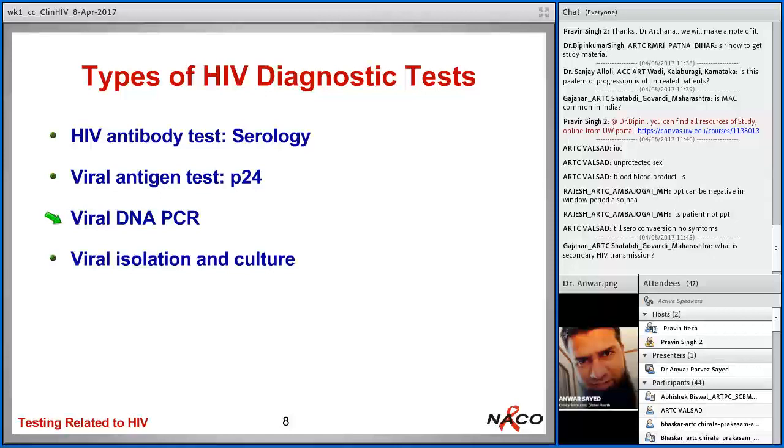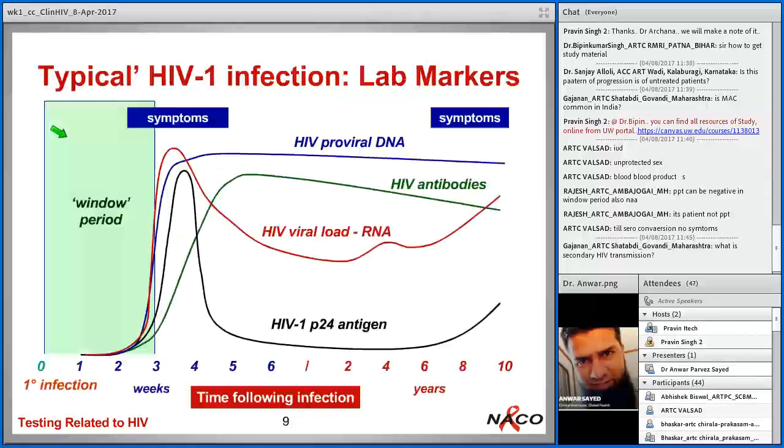Viral DNA testing is expensive, and DNA PCR is done in the program but reserved for specific situations like pediatric HIV and others. Then the viral antigen test, or P24 antigen, is not done in the program. I'll explain the reason why it is not done. Then the HIV antibody test or serology is most commonly done in the national program.